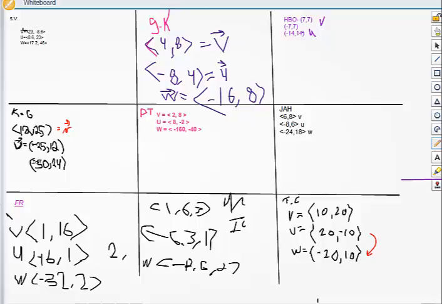Okay, next question. Is w orthogonal to v, though? What do you guys think? Oh, that was quick. Anybody else want to weigh in? What's the relationship between w and v?